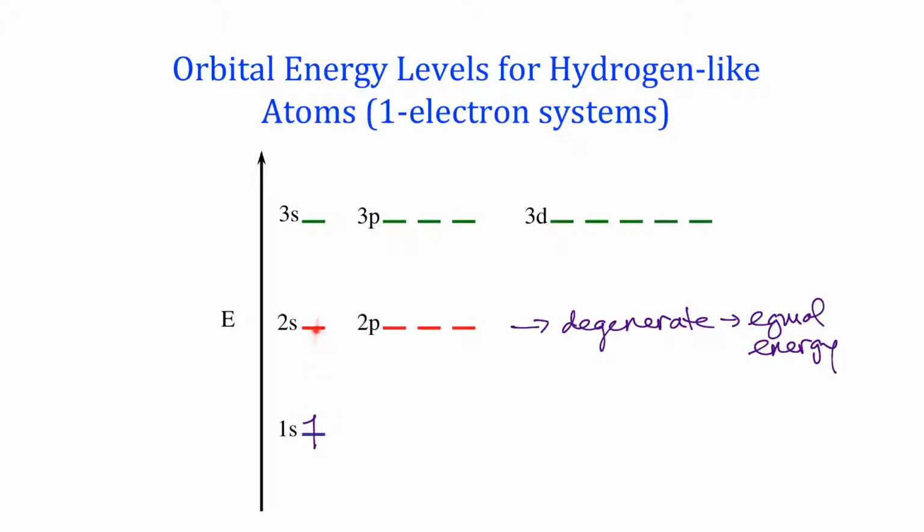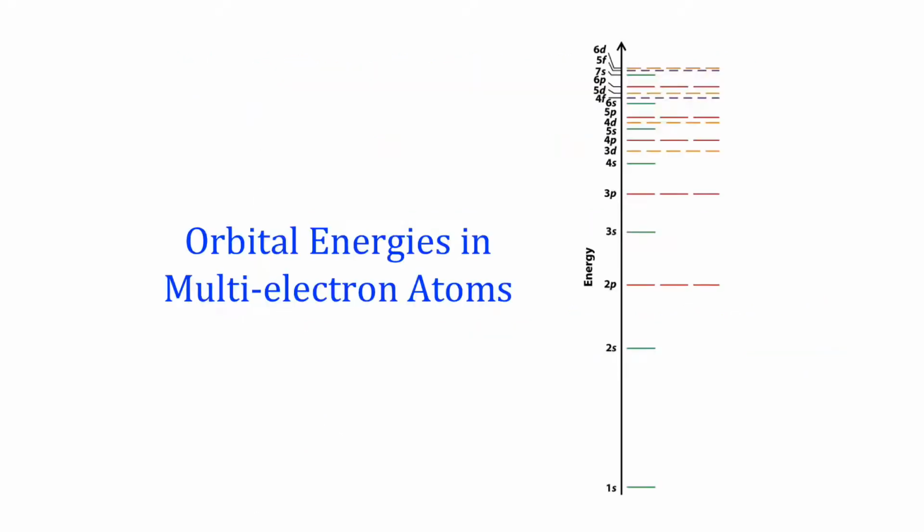So you could go into 2s or 2p, those would all be the same kind of delta E calculation. Similarly, if you jump up to the n = 3 orbitals, all going to be the same delta E here.